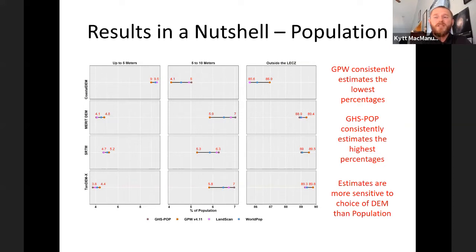But one thing that's consistent across these estimates is that the GPW data set consistently estimates the lowest percentages in low elevation coastal zones, and GHS POP consistently estimates the highest percentages. We found that estimates are more sensitive to the choice of the DEM than they are to the choice of population, even though there is quite a bit of variation here in the population data within any given category.